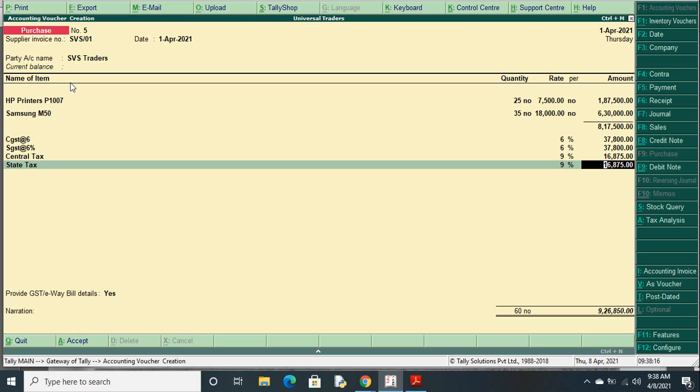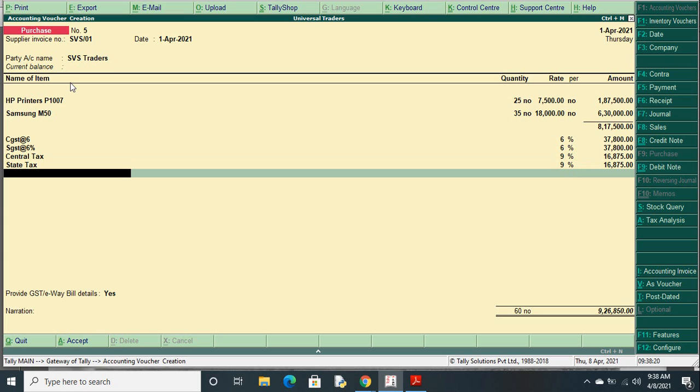Okay, then how to enter that kind of transaction?